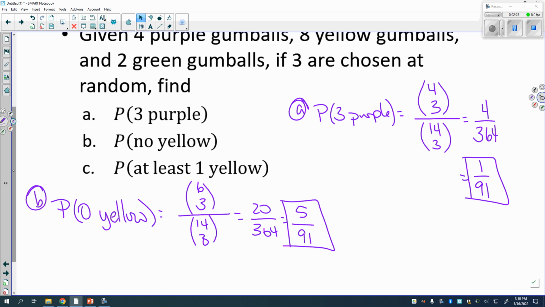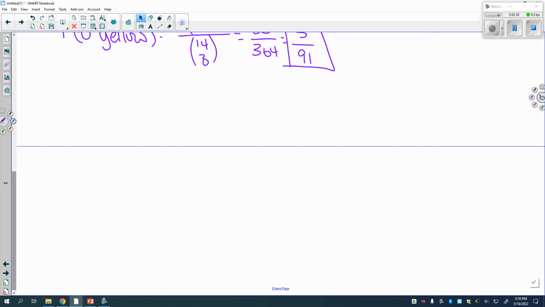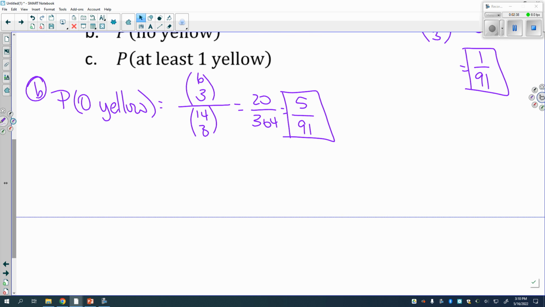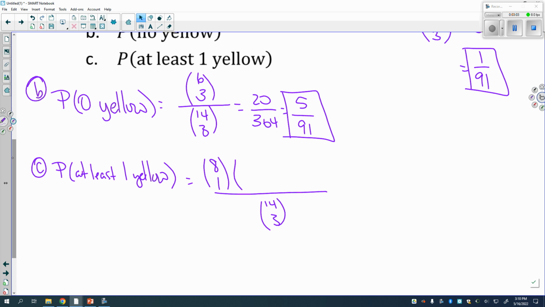And then for part C, the probability of at least 1 yellow, well, what you have to watch for here is that we could have, and this is still going to be over 14 choose 3, 8, which is the number of yellow, and we could have 1 that we pick. But when we do that, that's only 1.